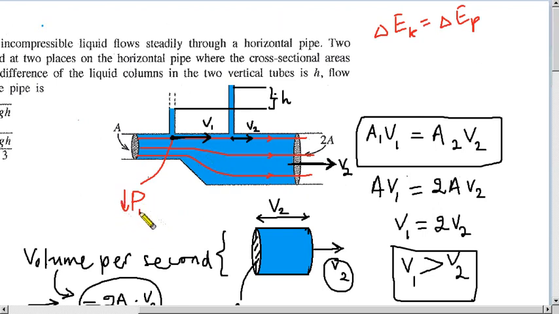The pressure at this point must be higher because the speed is lower. That is why we can decide that this height is greater than this height. So suppose this height is capital H1, this height is capital H2.